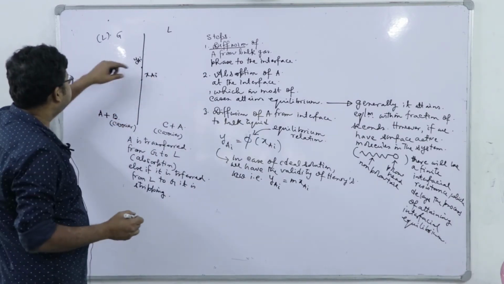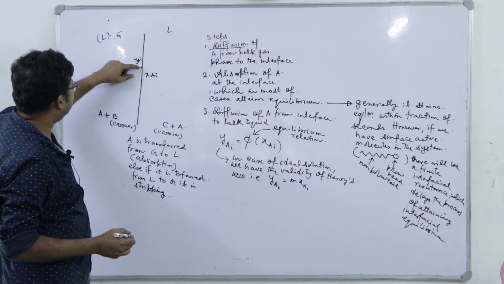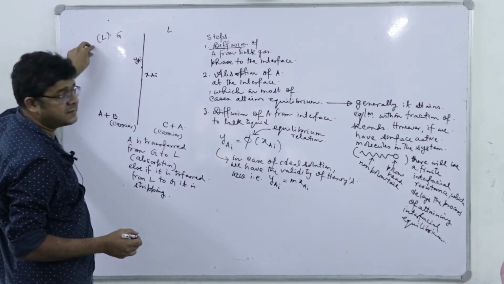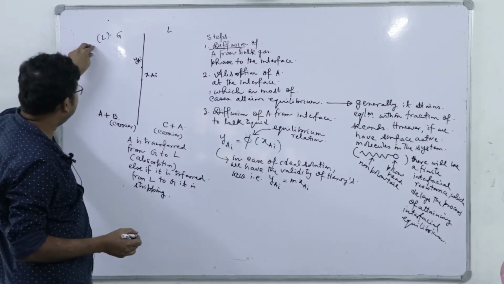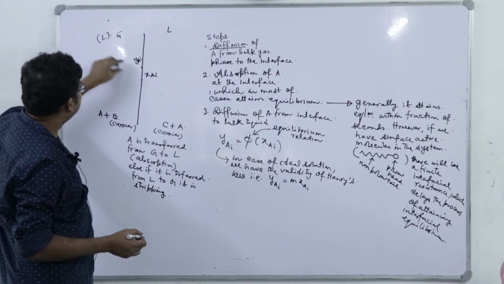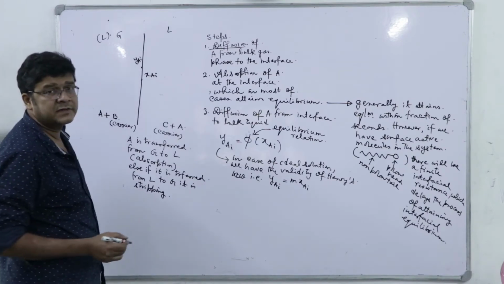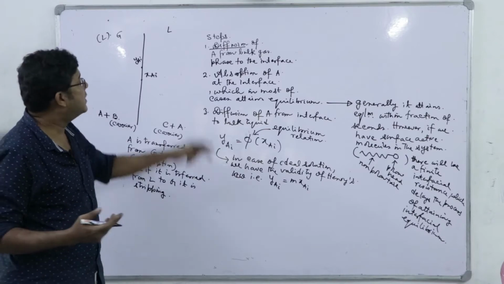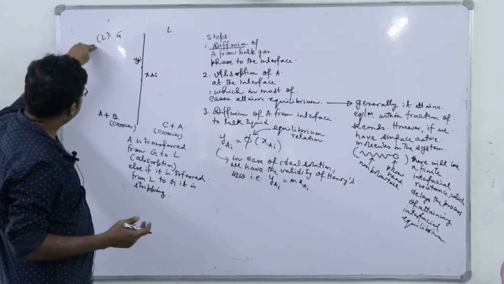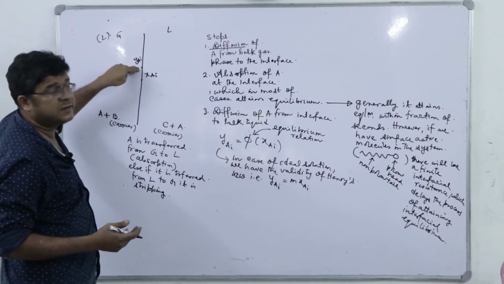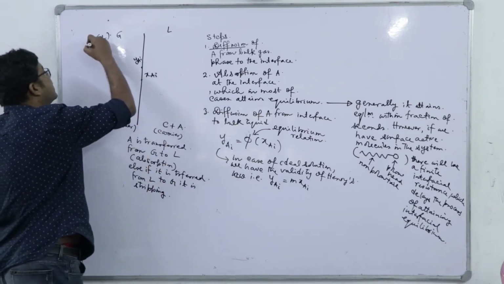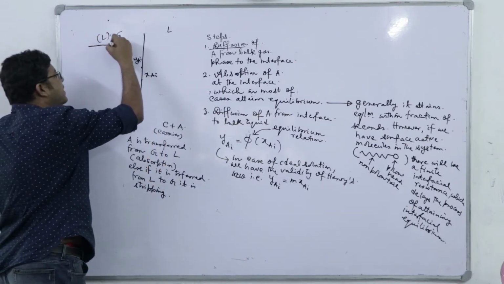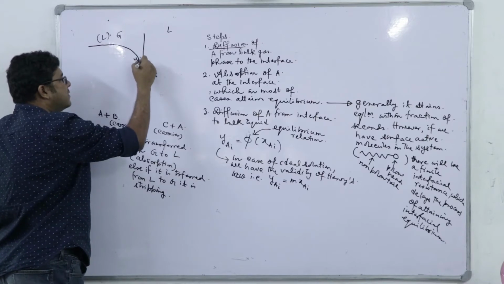So, definitely here in the bulk, the concentration or mole fraction of A will be higher than that of the interfacial concentration, because A is to be transported from the bulk to the interface, which needs a driving force, and the pattern will be like this.